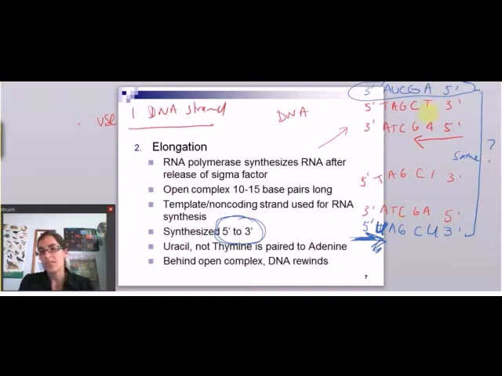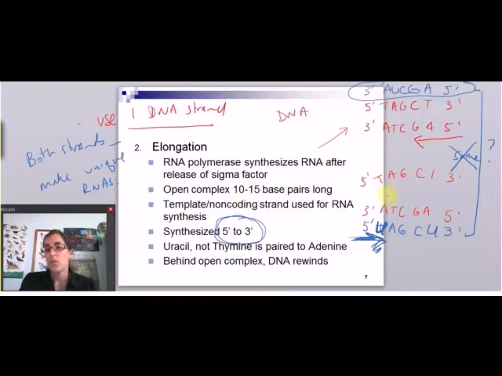And hopefully you can see that they are definitely not the same. So if I use the top strand, I make a very different RNA than if I use the bottom strand. So that means that both strands carry information. They make unique RNAs. And we'll see this again in a little bit.